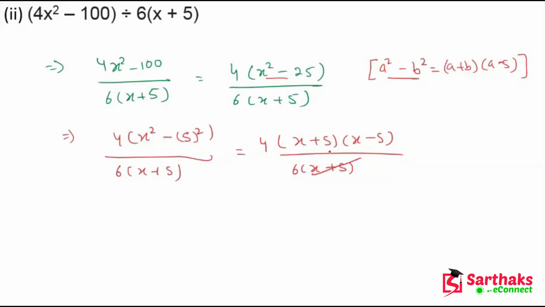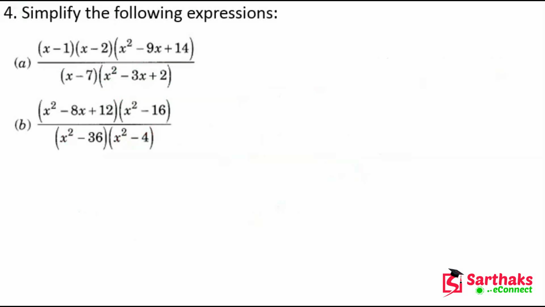This x plus 5 and this x plus 5 cancel, so we get 4 into x minus 5 divided by 6. We can divide 4 by 2 to get 2, and 6 by 2 to get 3, so we get 2 upon 3 into x minus 5. Understand? Yes.